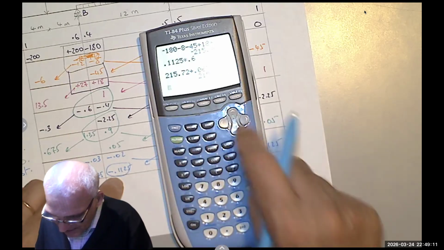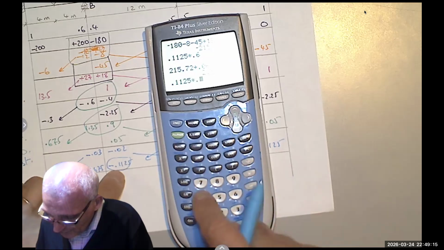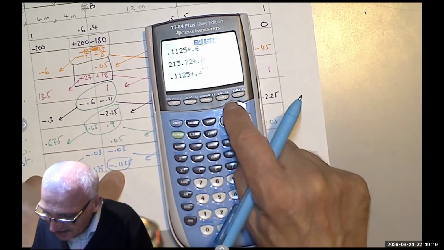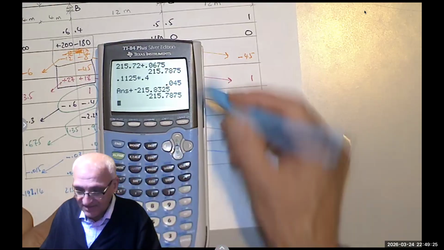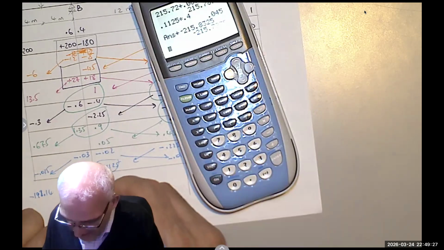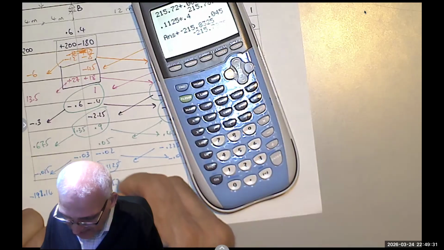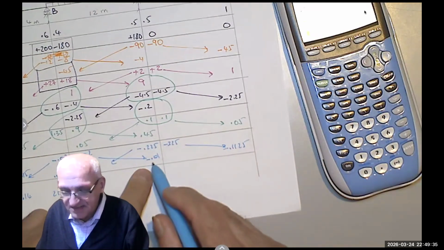No, let's wait. Let's multiply 0.1125 times 0.4 and then add that to what we had here. So you get negative 215.7875, exactly the same. They have to be negative 215.79. And again, I didn't distribute that.